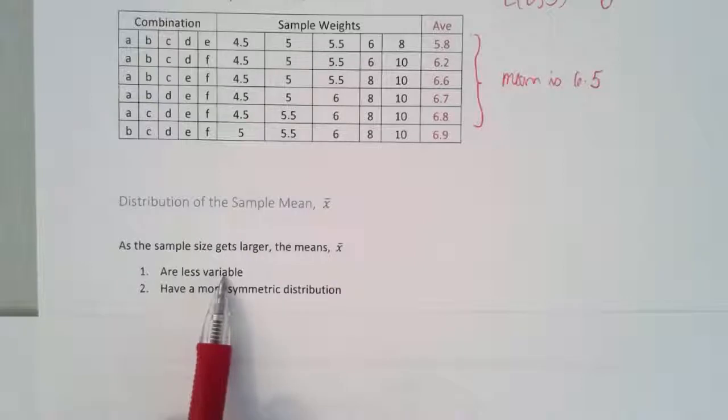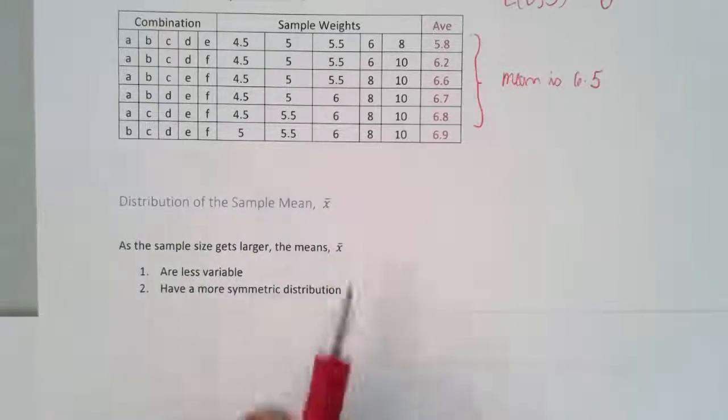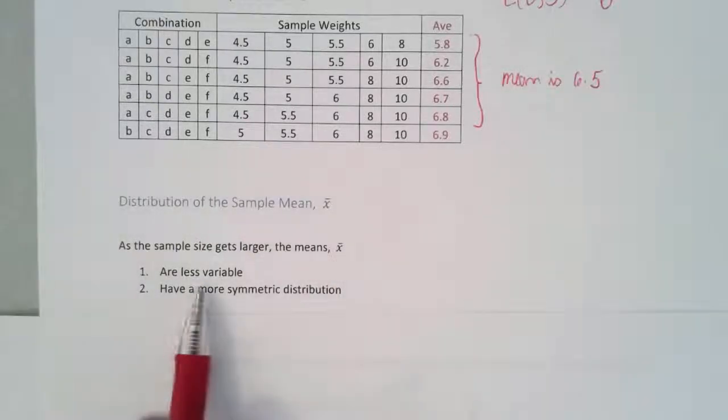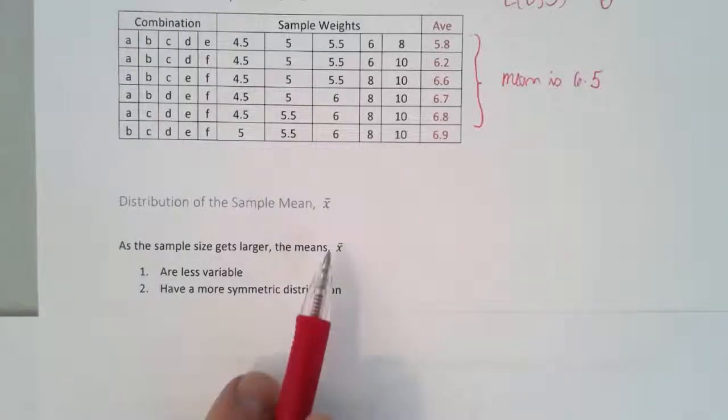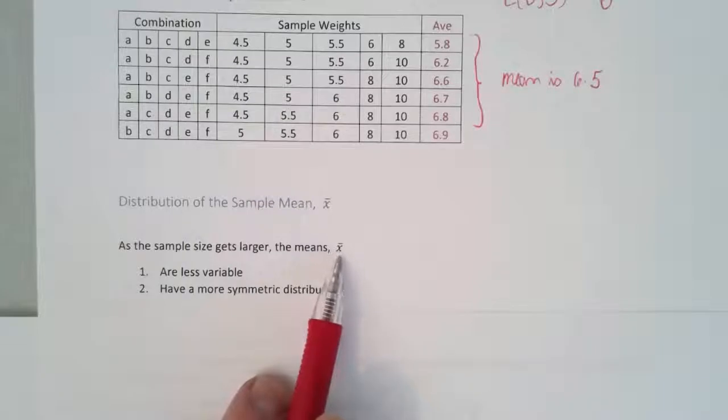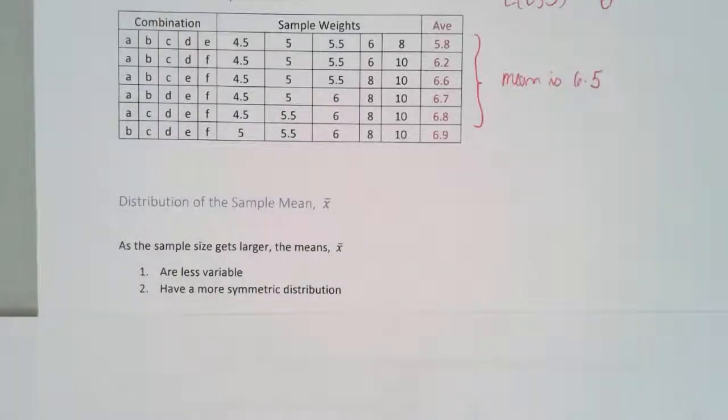First of all, as the sample size gets larger, the average of those samples is going to be less and less variable. Secondly, it's going to have a more symmetric distribution. And thirdly, the mean of the sample means is always going to be the mean of the original distribution.